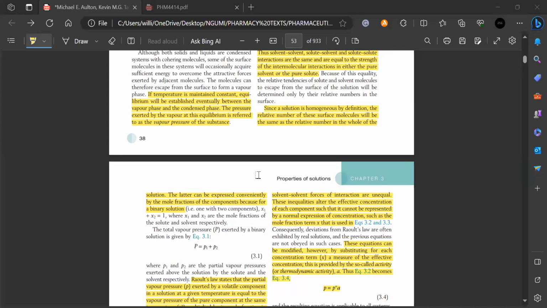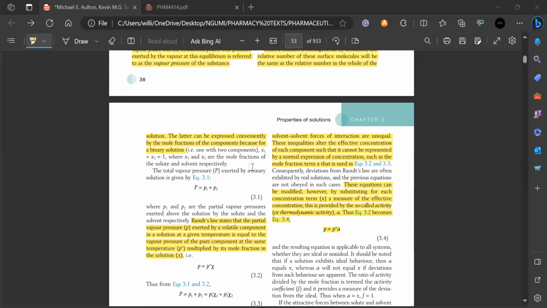Yeah, I think that's also self-explanatory. Basically what we're trying to say is that all our mole fractions of both the solute and the solvent will equal 1.